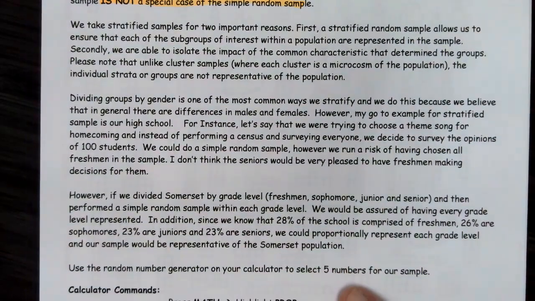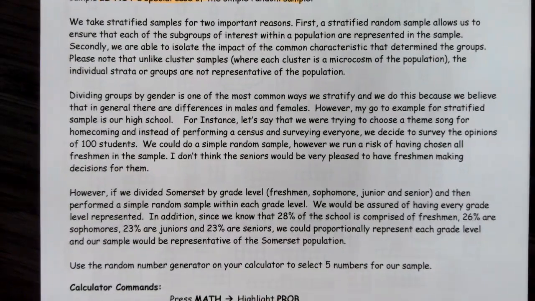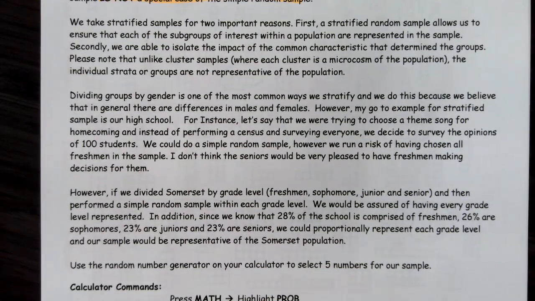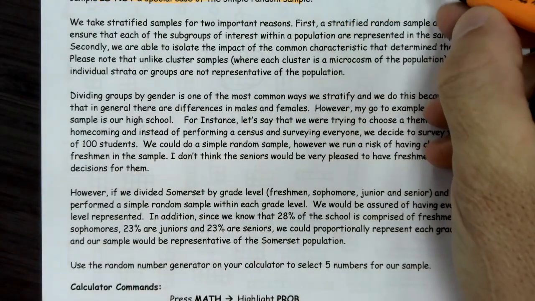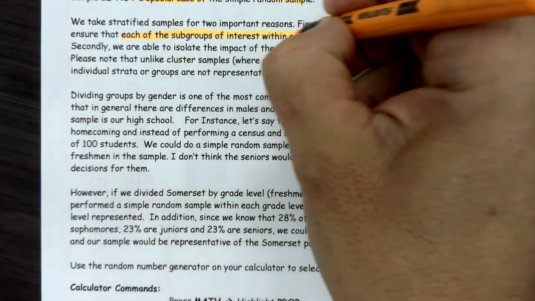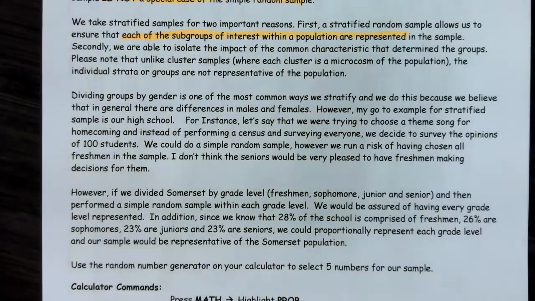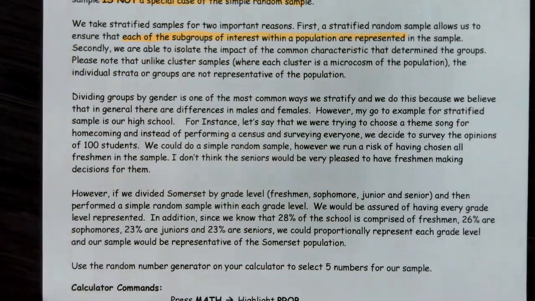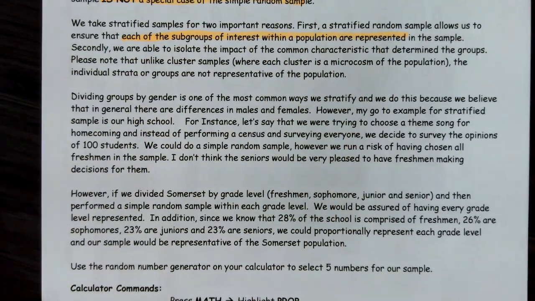So we take stratified samples for 2 important reasons. First, a stratified random sample allows us to ensure that each of the subgroups of interest within a population are represented. That might not happen with any of the others. Secondly, we are able to isolate the impact of common characteristics that determine the groups.